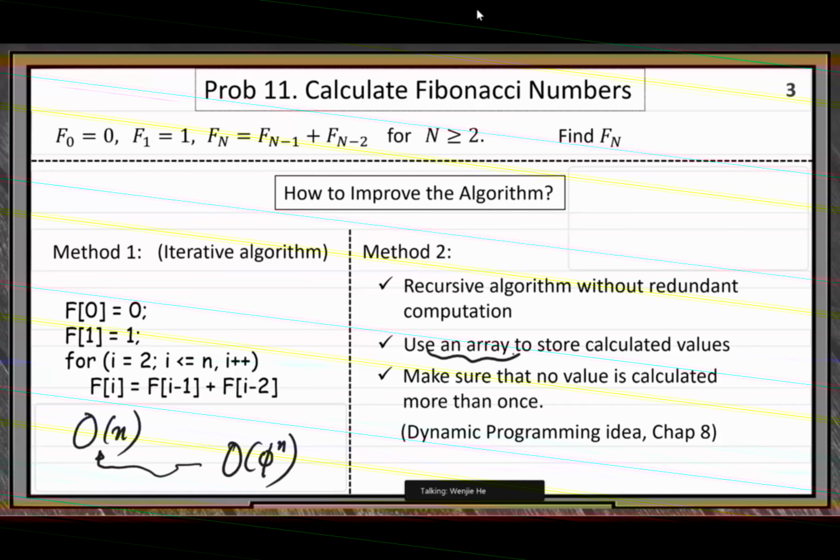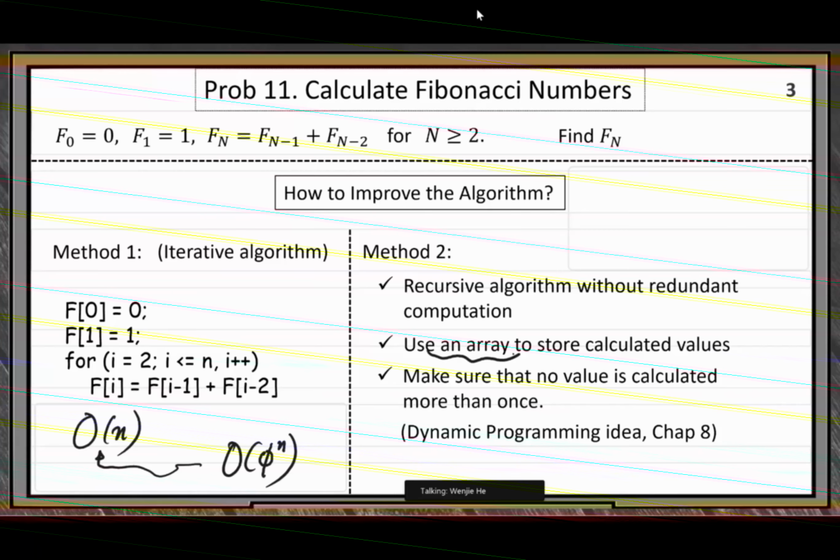The first one is the brute force algorithm, and that one will be big O of phi to the n, an exponential slow algorithm. The second one, you implement the dynamic programming idea to make it fast: big O of n.